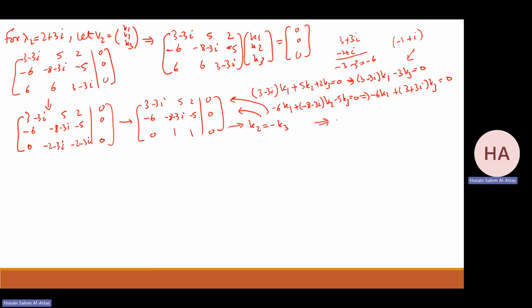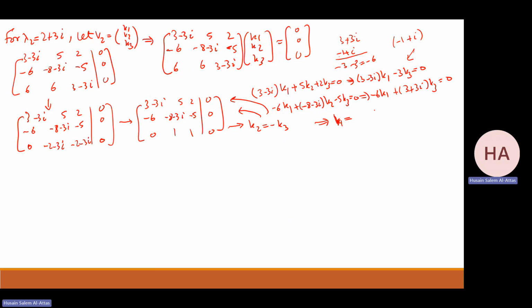So I have now K1. Right, K1 is what? These two equations are the same. Yeah.